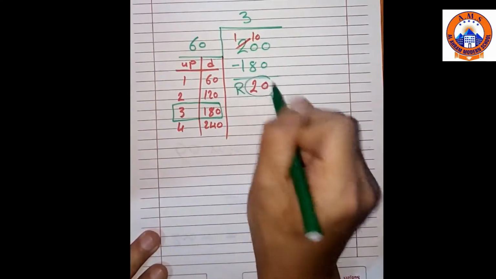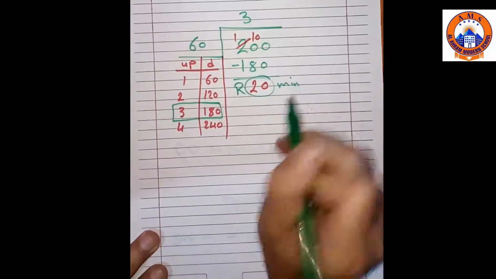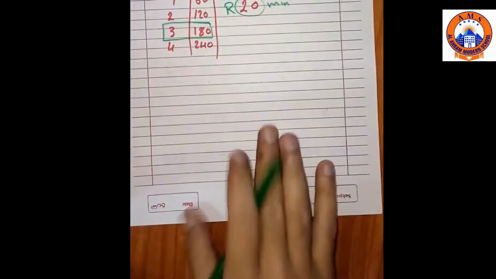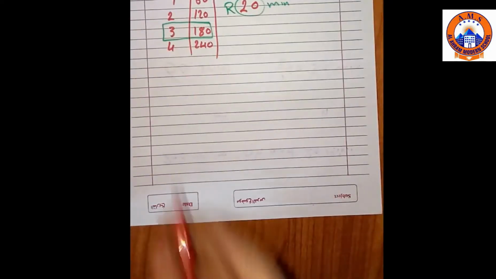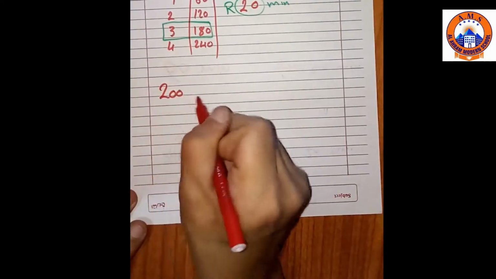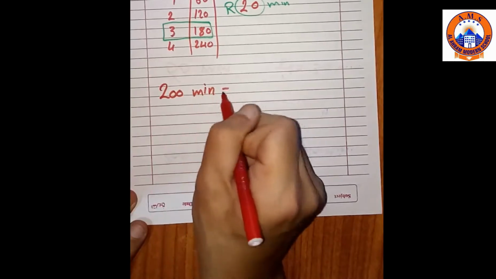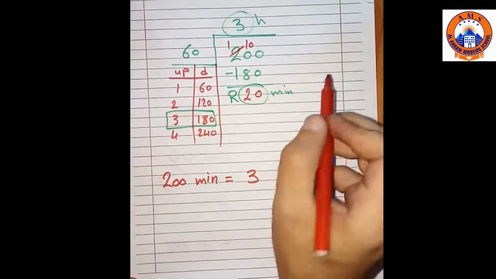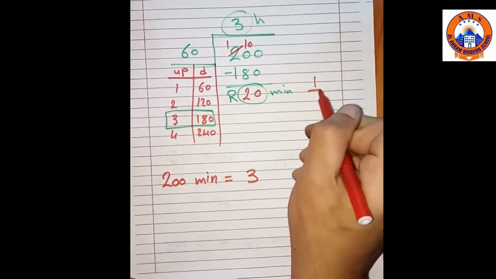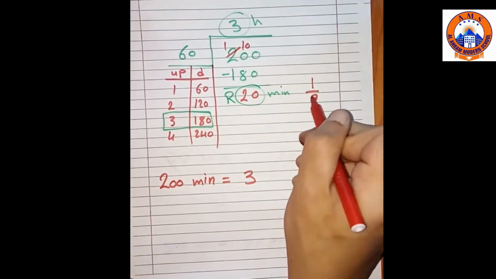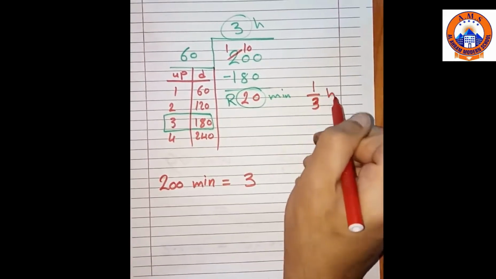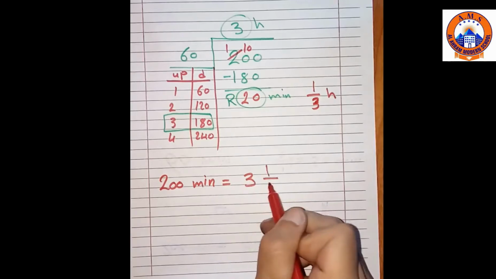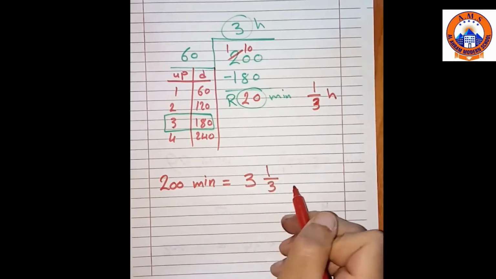This is the remainder, 20 minutes, and the result is 3 hours. So 200 minutes equals 3 hours, and this 20 minutes is considered a third of an hour. So this will be 3 hours and a third.